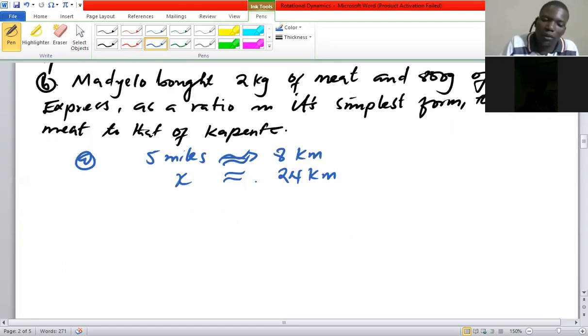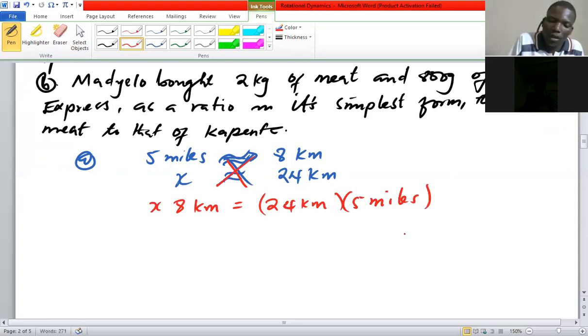So we cross multiply here. Once we cross multiply, we're going to have x times 8 kilometers being equal to 24 kilometers multiplying by 5 miles.